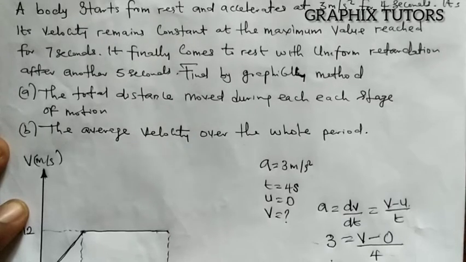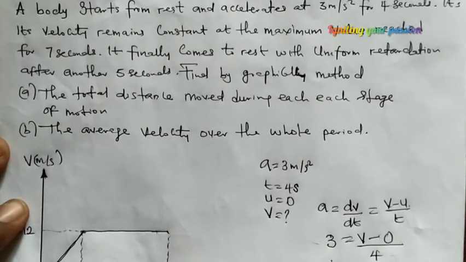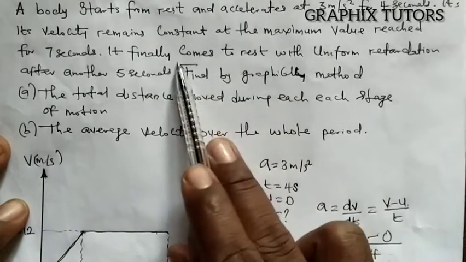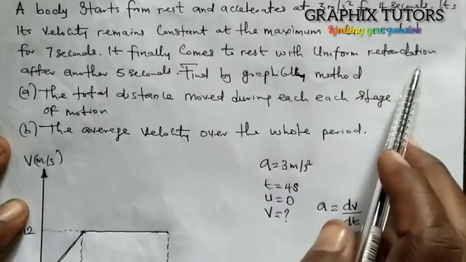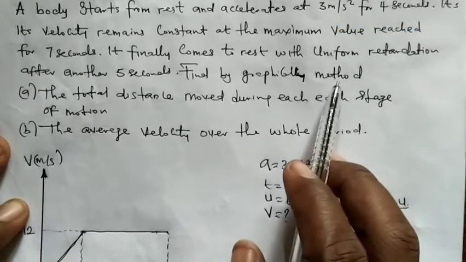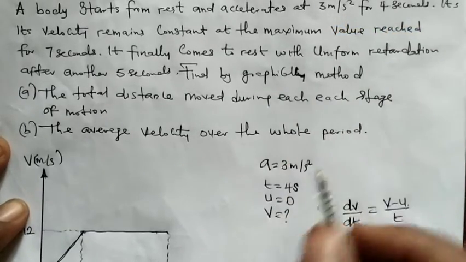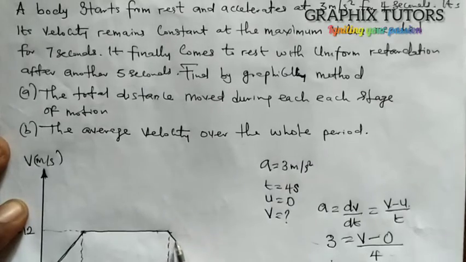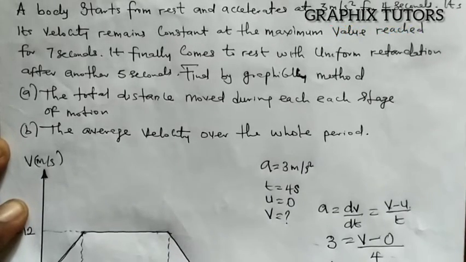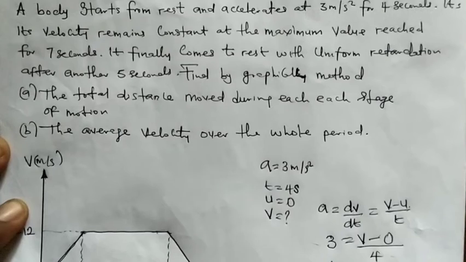So that means at this point here, we have 11. Now, let's move forward. It finally comes to rest with uniform retardation. It's decelerating for 5 seconds, coming to rest. So 5 plus 11 is 16. So this is what we have.